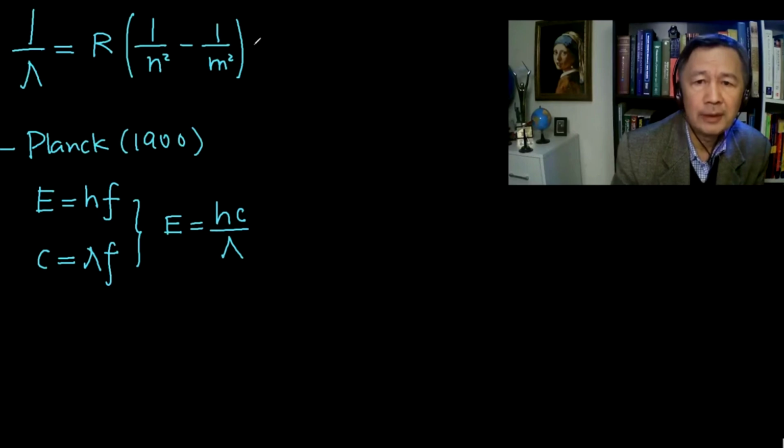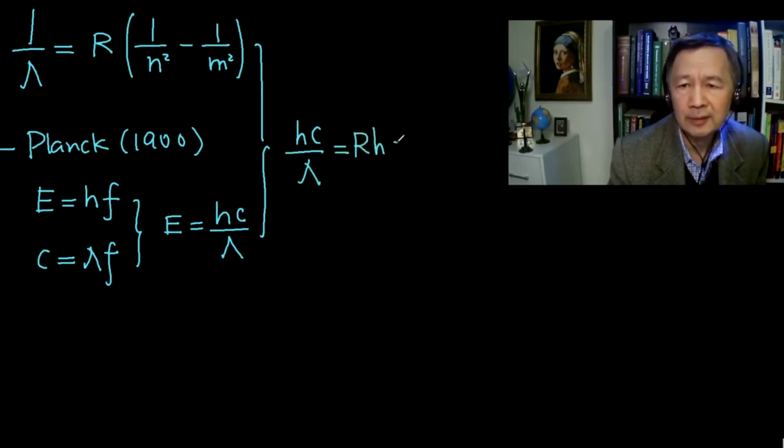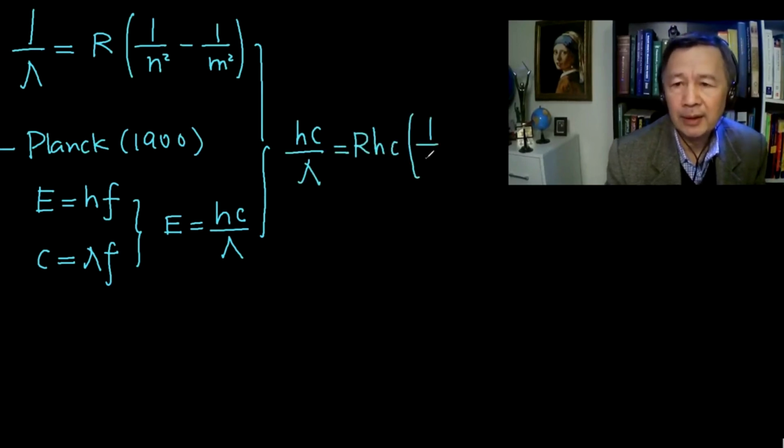If you compare these two formulas, you will see that we can rewrite the Rydberg formula into another form. If we combine these two ideas, Planck's idea and Rydberg's idea, then we get this new formula: hc divided by lambda equals Rhc multiplied by (1/n squared minus 1/m squared).